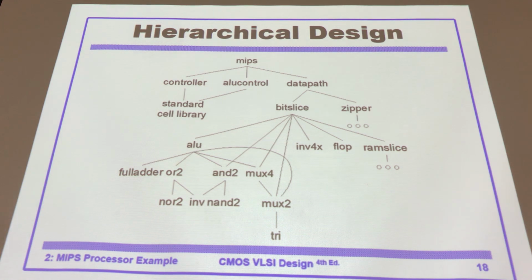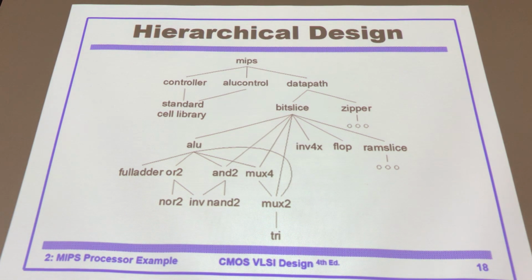For the data path, in the example, we are using this design style, meaning given an 8-bit CPU, the bit-slice design style means that we only design 1 bit of the data path, and you can put 8 copies together to get the 8-bit data path.